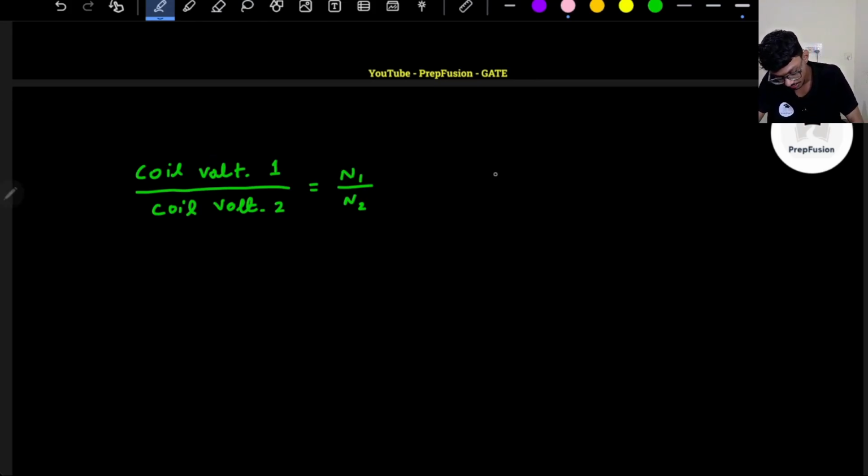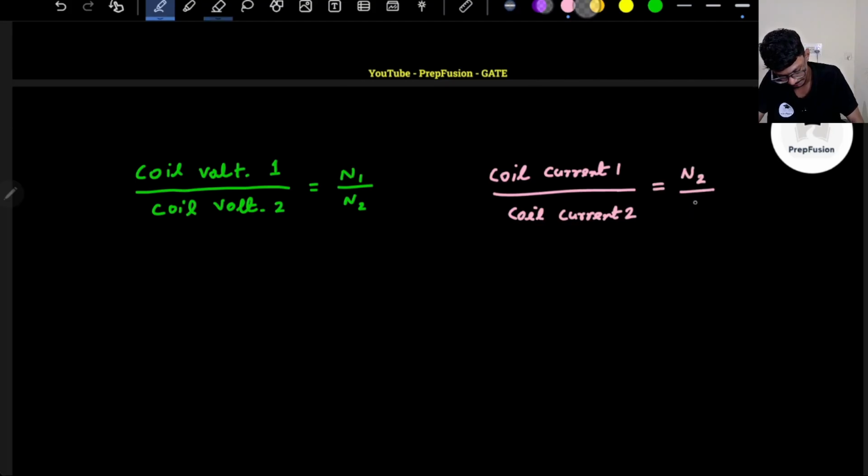And also the coil current of 1 upon the coil current of 2 will be just the inverse of this. It will be N2 upon N1. That's it.